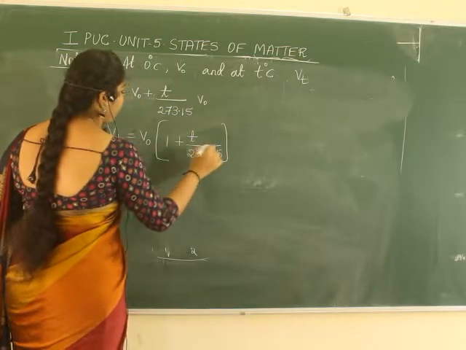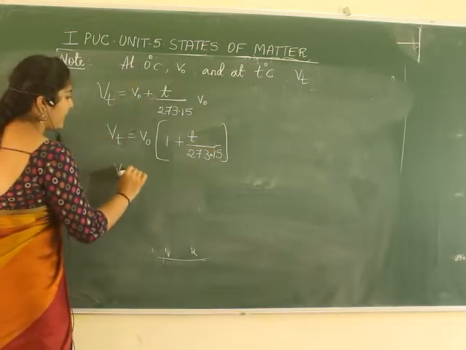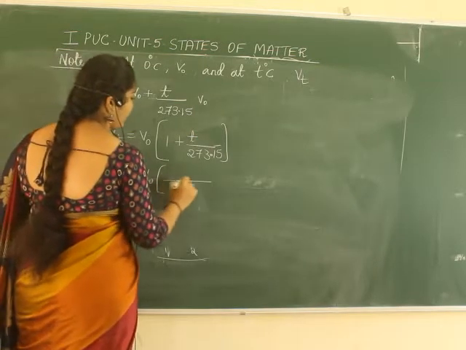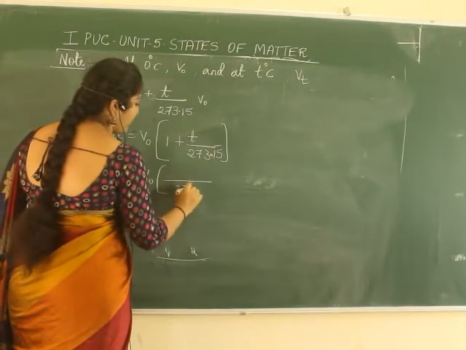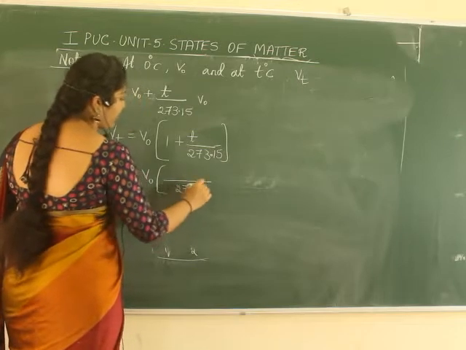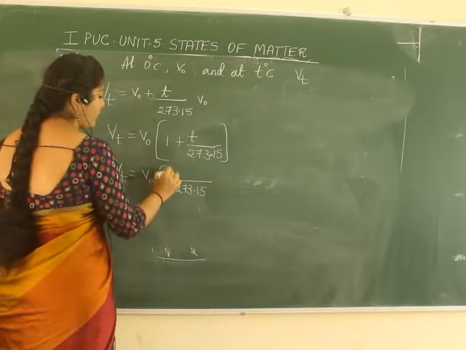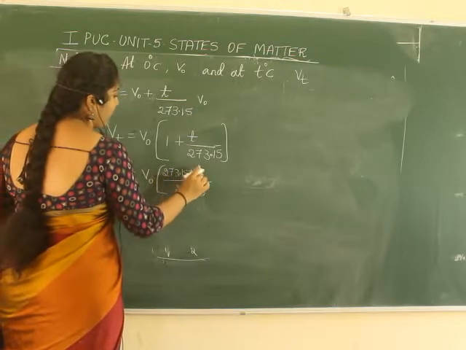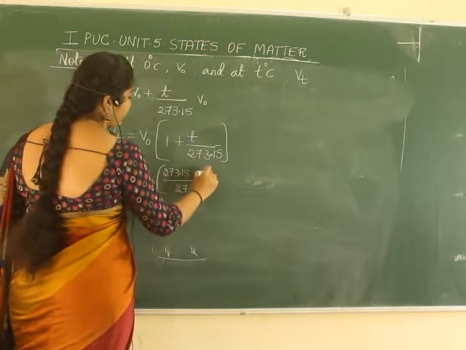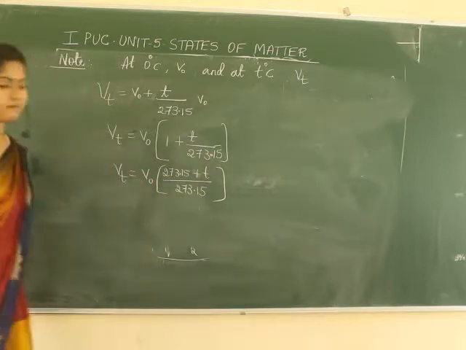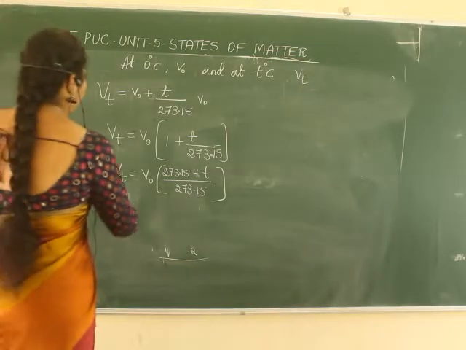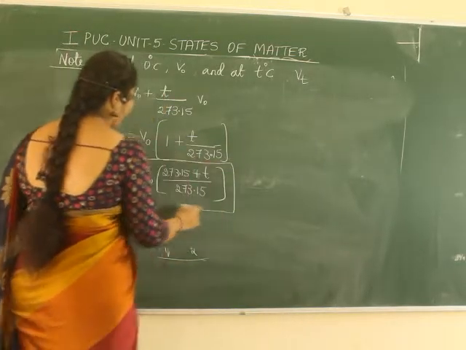Or I can also write this as Vt is equal to V naught into, the numerator LCM is 273.15, so 1 into 273.15 plus T, over 273.15. Just make a note of this, okay?